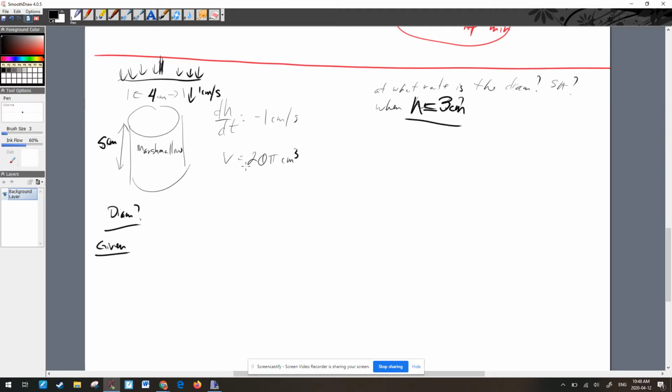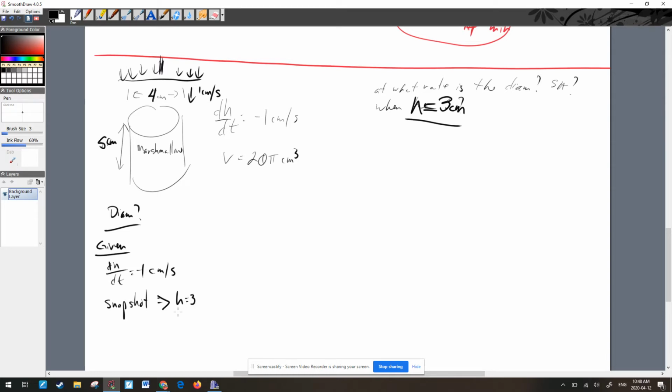What we are given: dh by dt is equal to -1 centimeters per second, and the snapshot is at a height of 3 centimeters.